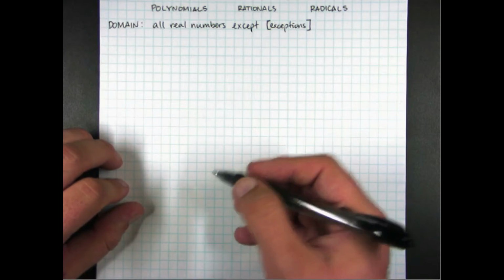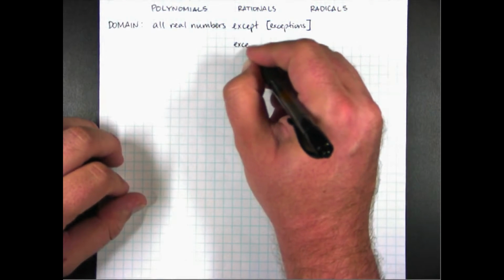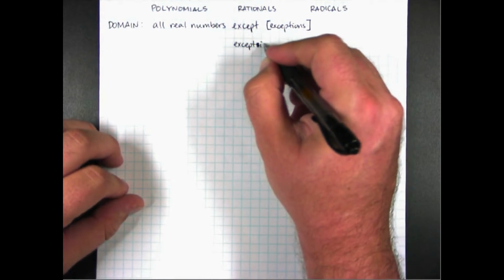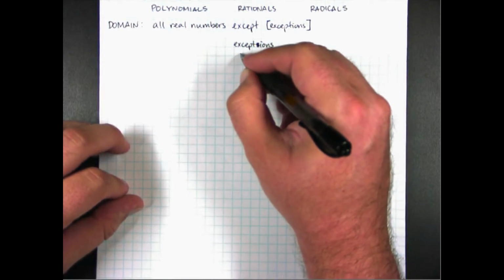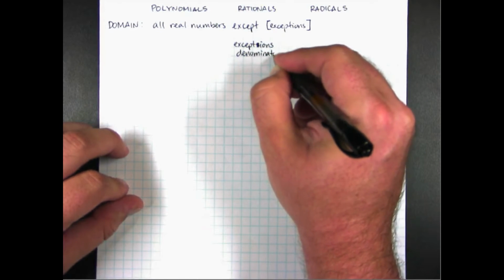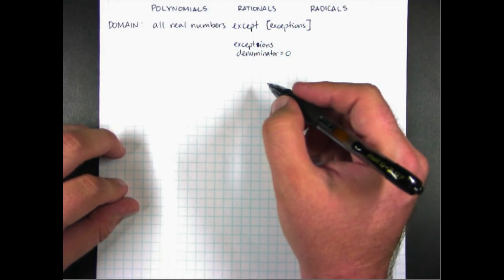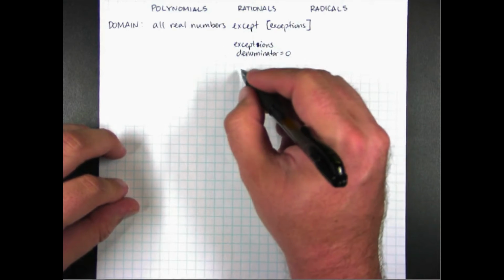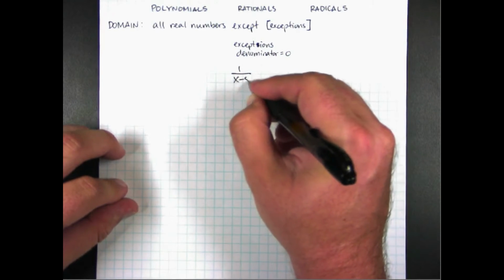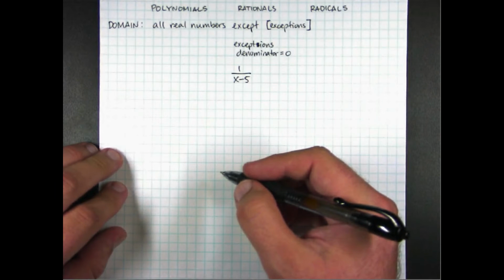When we were dealing with rational numbers, we said our exceptions are whatever made the denominator equal to 0. So let's take an example, something simple, such as 1 over x minus 5. When is the denominator 0?